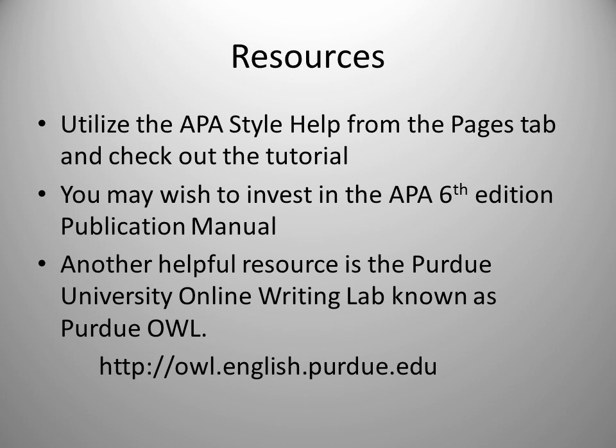It's known as the Purdue OWL, and here's the website for you. I would steer clear of some applications that say they'll convert your paper to APA style, because if you're not careful, they might not be 6th edition, and that's the edition that we're using now. So you want to make sure things are done right, and sometimes it's easier for you to just do it yourself.